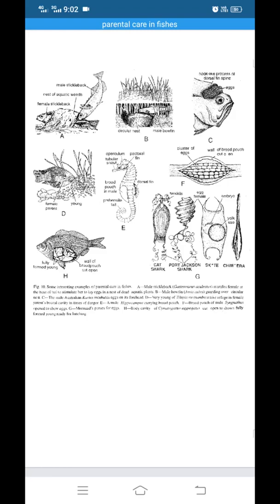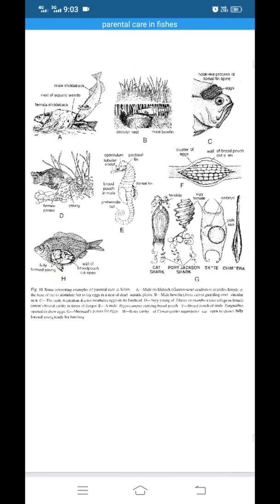One of the most interesting examples is shown by the male stickleback, Gasterosteus aculeatus. That is a small freshwater fish found in the lakes and ponds of North America. In this case, the male fish builds the nest with the help of dead aquatic plants, and for it he uses a sticky secretion from his kidneys.